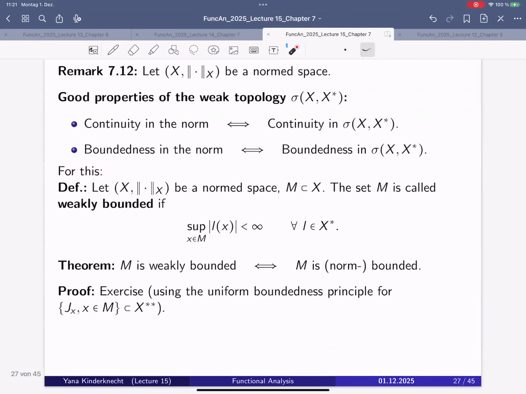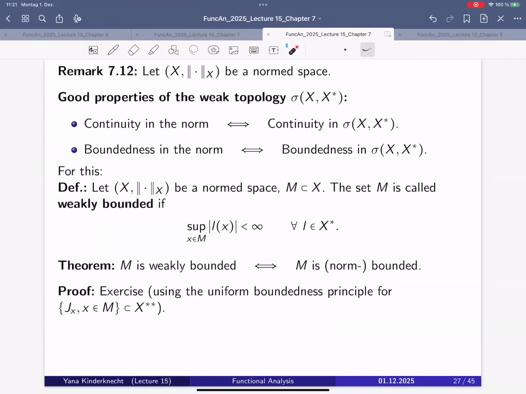So for this definition, let X be a normed space, M a subset of X. The set M is called weakly bounded, that is, bounded in this weak topology, if the following holds: the supremum over all points in M of the absolute values of the coordinates given by the topological dual is finite.